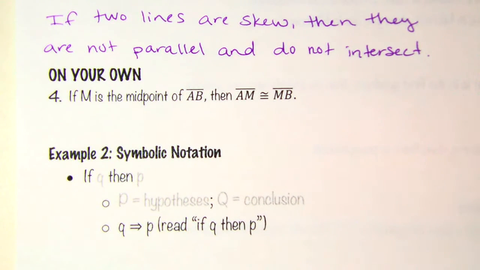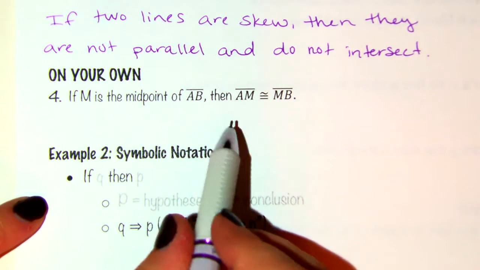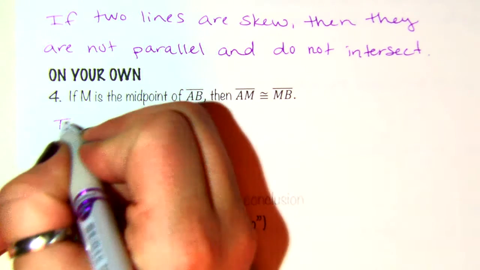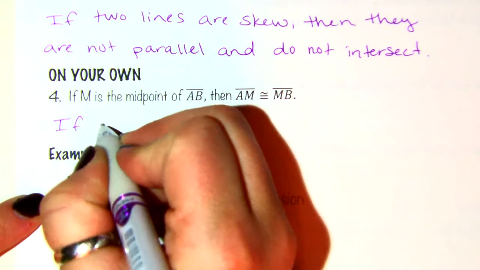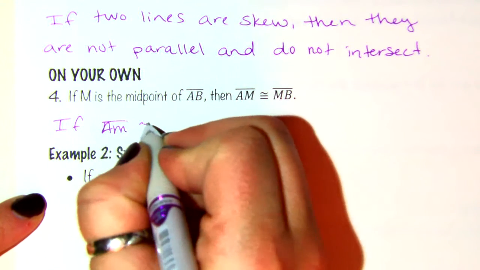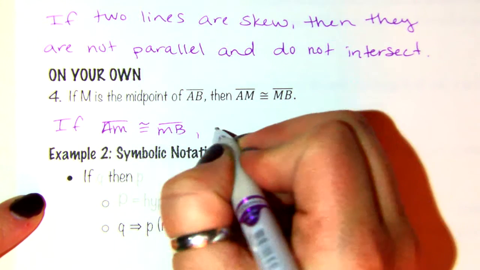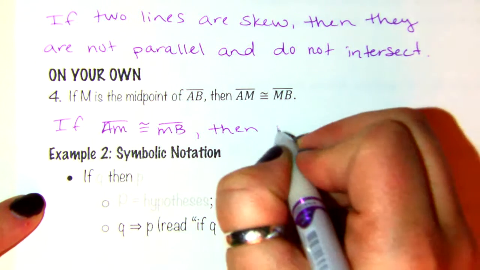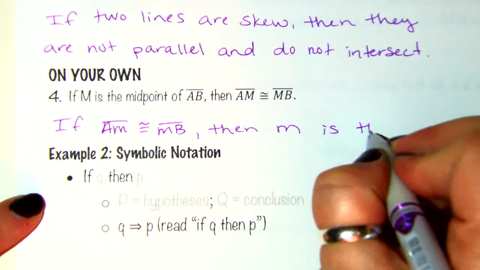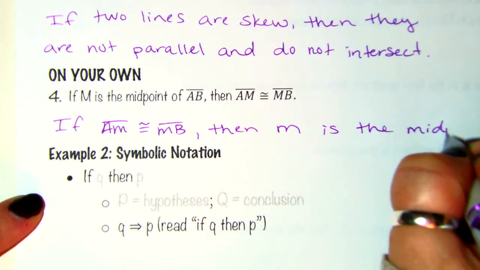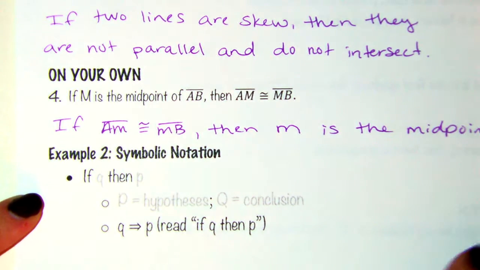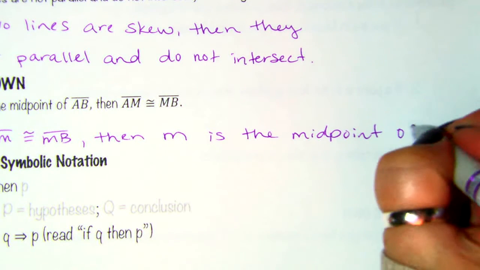So number 4, the converse should be if segment AM is congruent to segment MB, then M is the midpoint of segment AB.